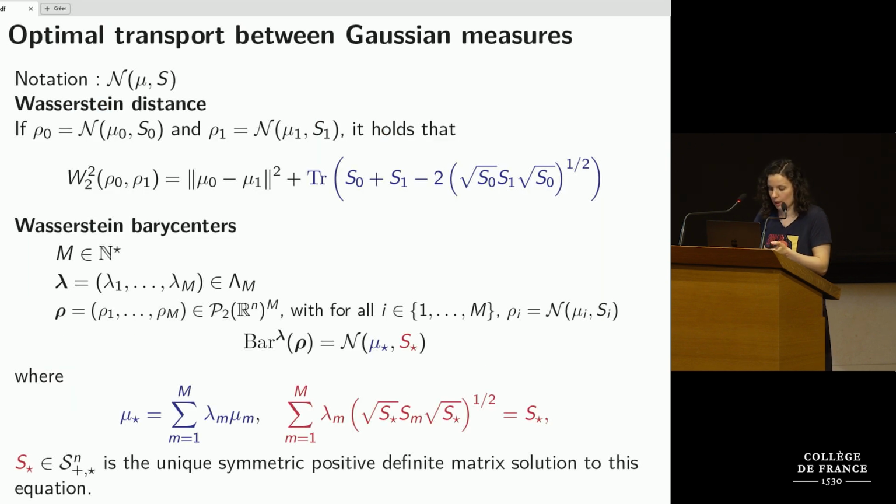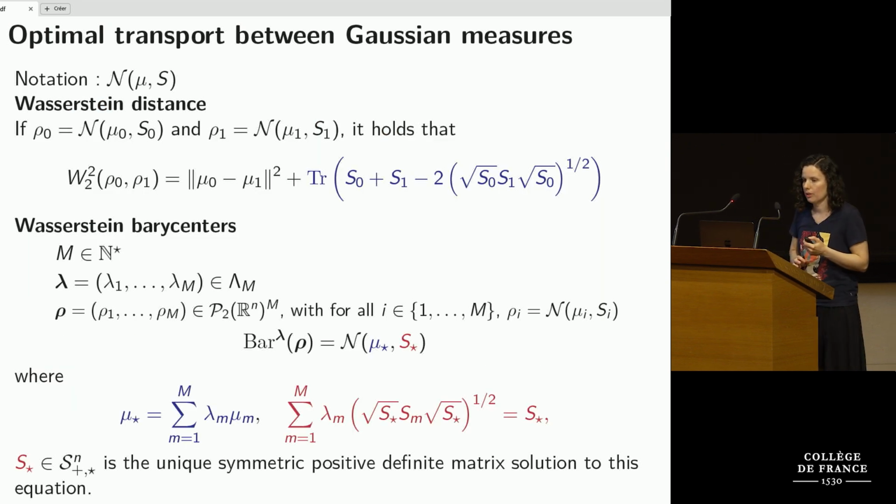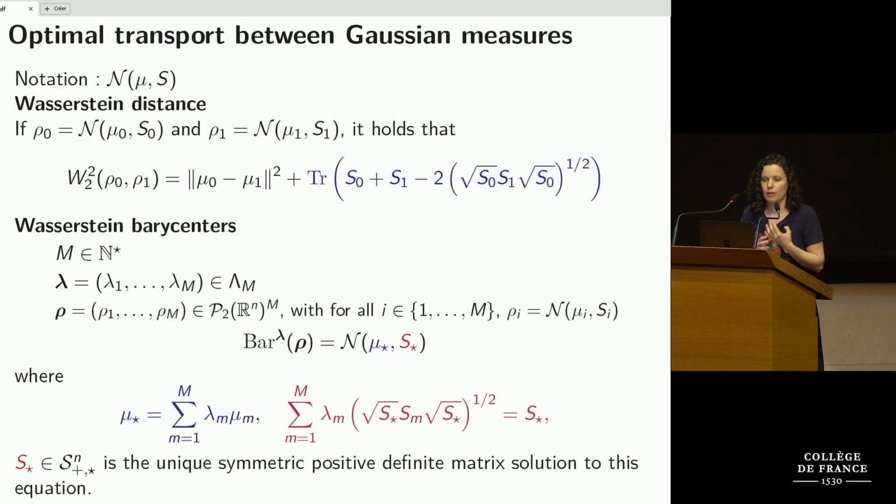Okay, about the cost of the barycenter, the Wasserstein distance is in general expensive to compute, except in a few particular cases. One particular case is optimal transport between Gaussian measures. In that case, we have an explicit formula for the Wasserstein distance, which is just the Euclidean distance between the centers plus the Bures-Wasserstein metric on the covariance matrices.